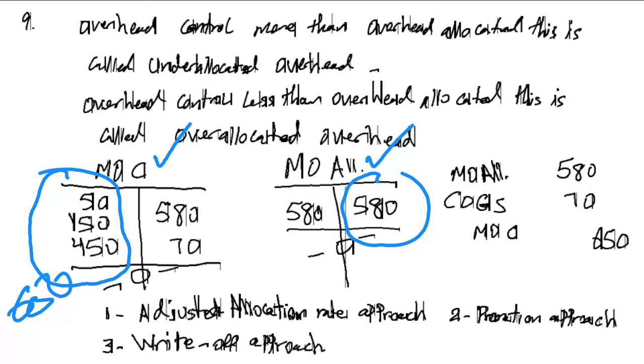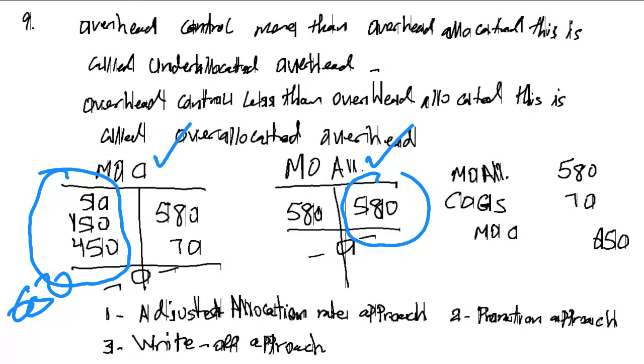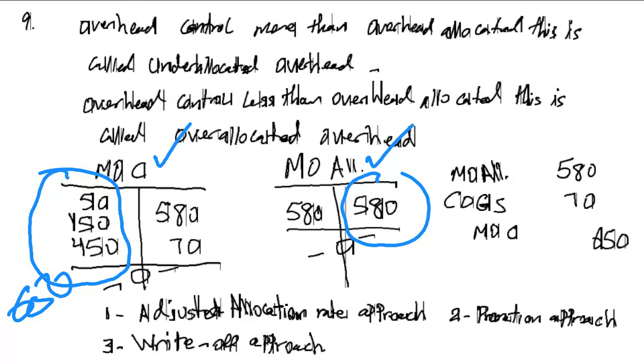So if the overhead control is more than overhead estimated or budgeted, this is called under allocated overhead. Now, the next case is if overhead control is less than overhead allocated, this is called over allocated overhead. Okay, so let's see, what does that mean?